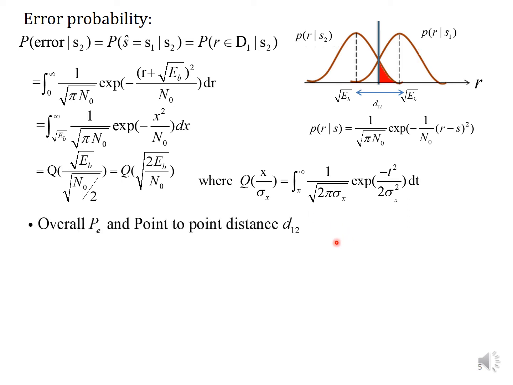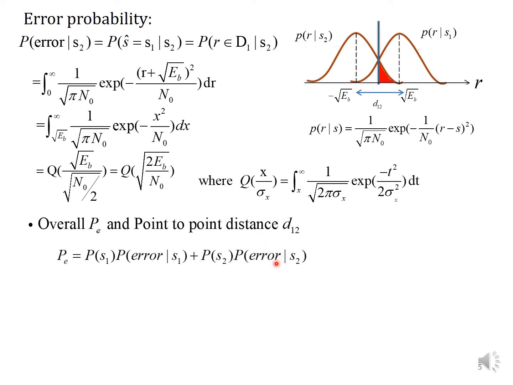And the overall error probability of this binary PAM is based on the point-to-point distance D12. D12 would be double the square root of EB, right?